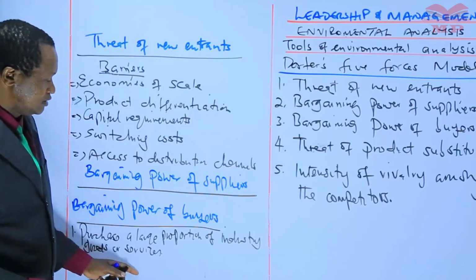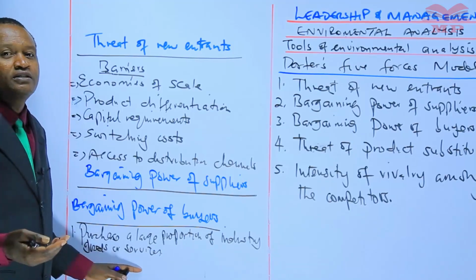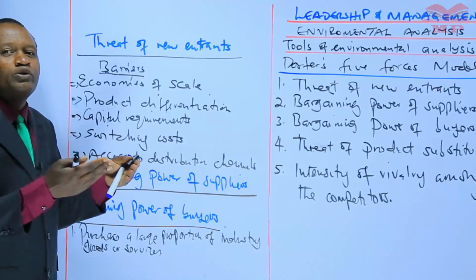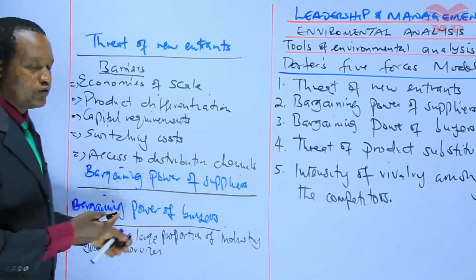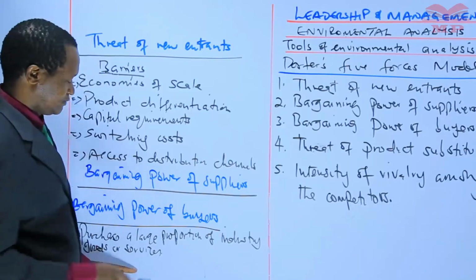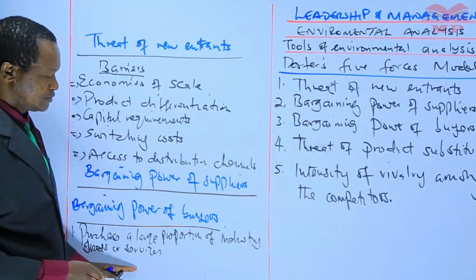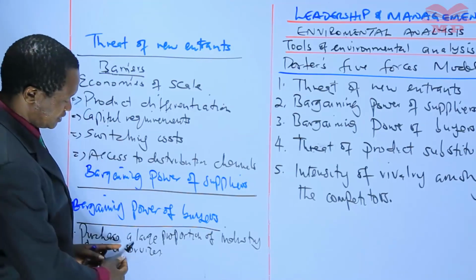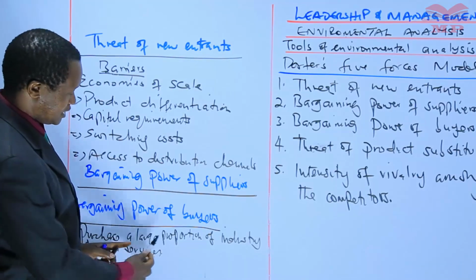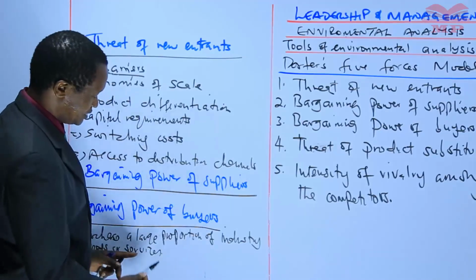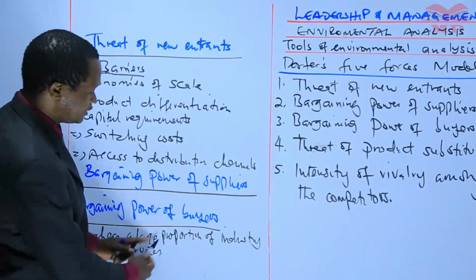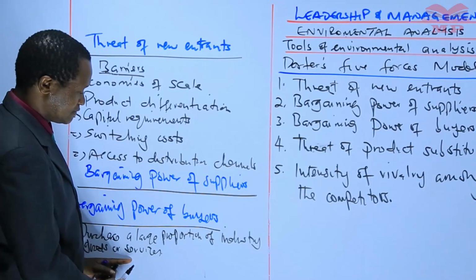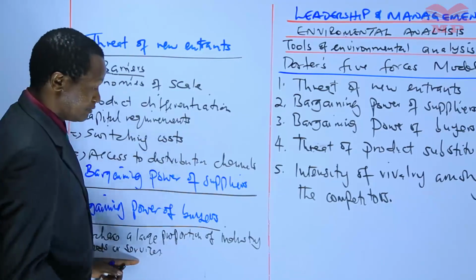That's the first factor. Another factor is where the sales of the product being purchased account for a significant portion of the seller's annual returns. Do you understand? I've explained here that if a group of buyers purchase a large proportion of industry goods, then they will have bargaining power.